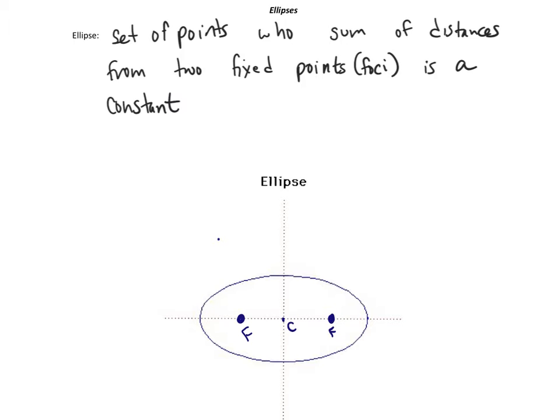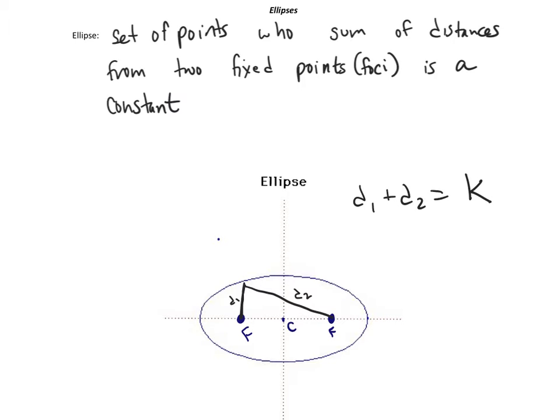If I take the distance from these foci, so let's take this distance here, we'll call it D1, and we'll take the distance from this focus, we'll call it D2. If I take D1 plus D2, I'll get some constant, we'll call it K.